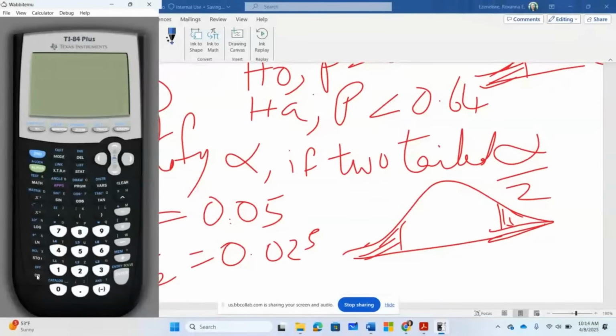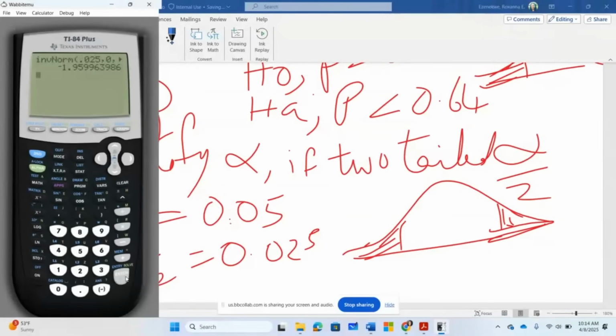Okay, so now you are looking for inverse norm. So remember where to get inverse norm. Second distribution, you go to inverse norm, which is number 3. If it's a small sample, you go to inverse T. The area to the left is 0.025 or 2.5%. And the mean is 0, standard deviation is 1, so you calculate that area.